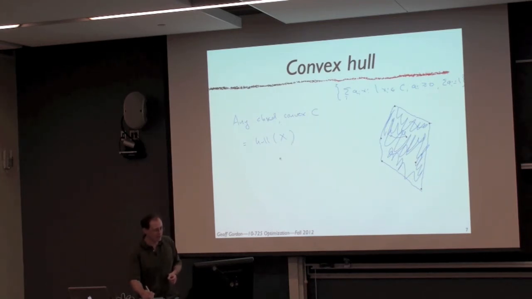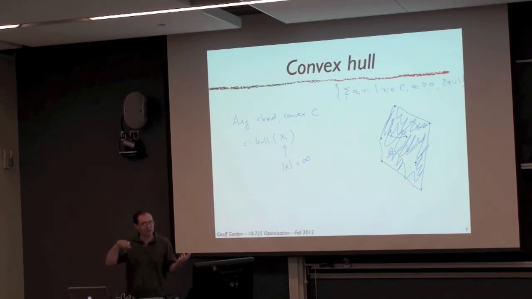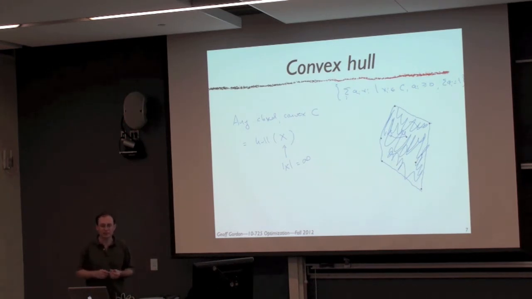It's possible that the size of x is infinite. I might have to take infinitely many points. So if you think about, for example, a disk, I can represent that as a whole bunch of n-gons as n is getting higher and higher. And so it's the limit as the number of points in the set goes to infinity of the convex hull of the corners of an n-gon. Okay?